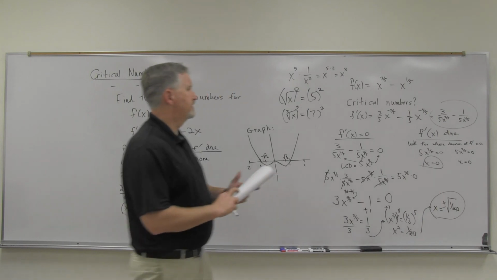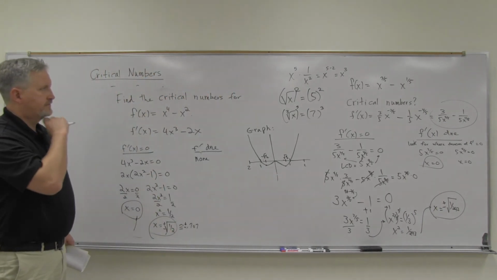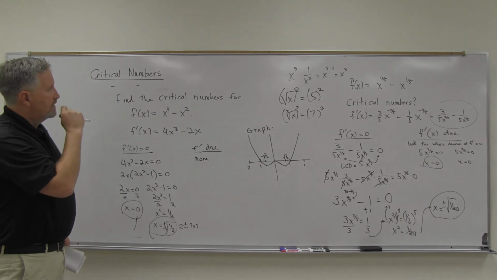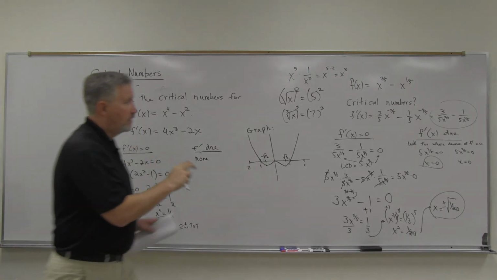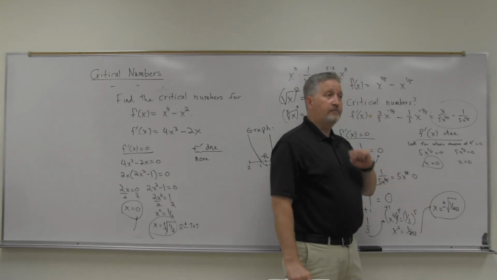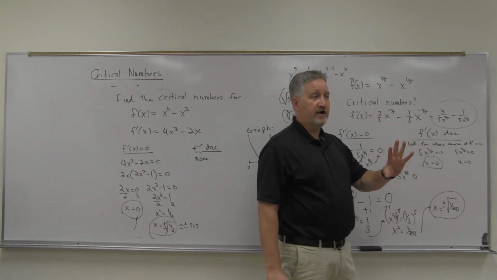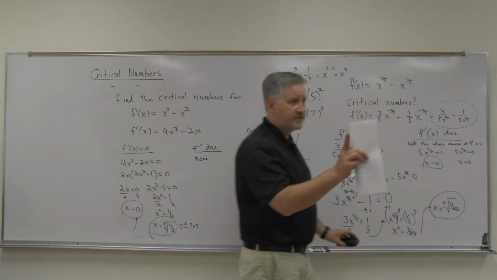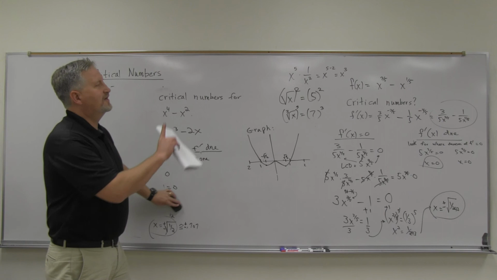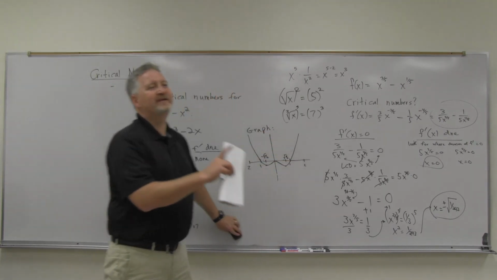I probably couldn't really tell much about the graph on that one. So what we would expect then is that 0 and this plus or minus, that's where we look for those maxes and mins, right? But let me show you this. Just because we get a critical number doesn't mean we get a local maximum.